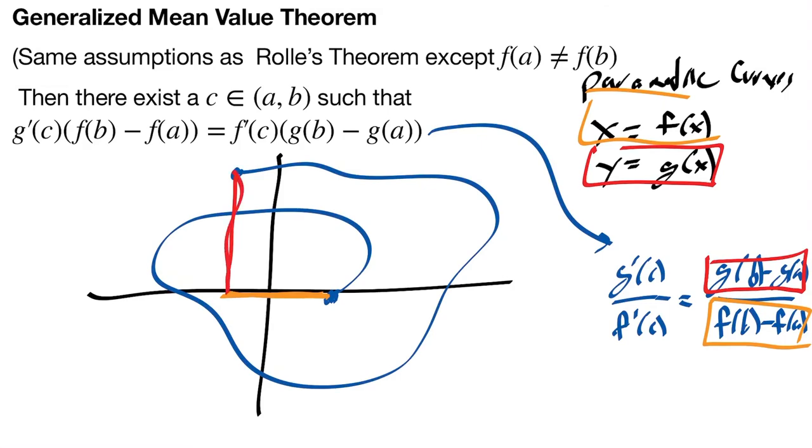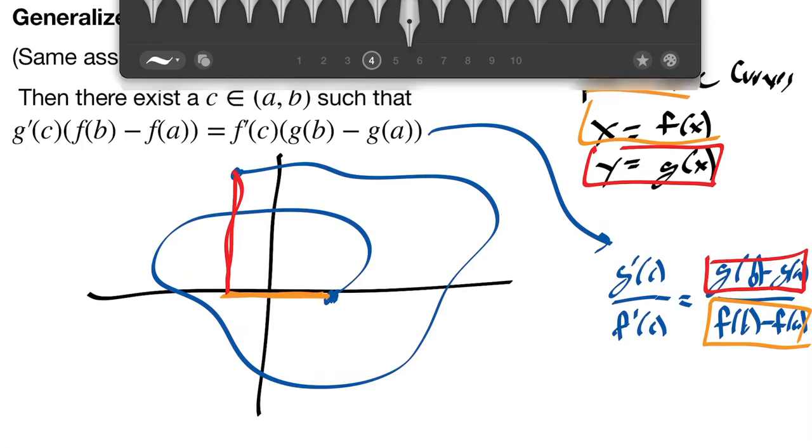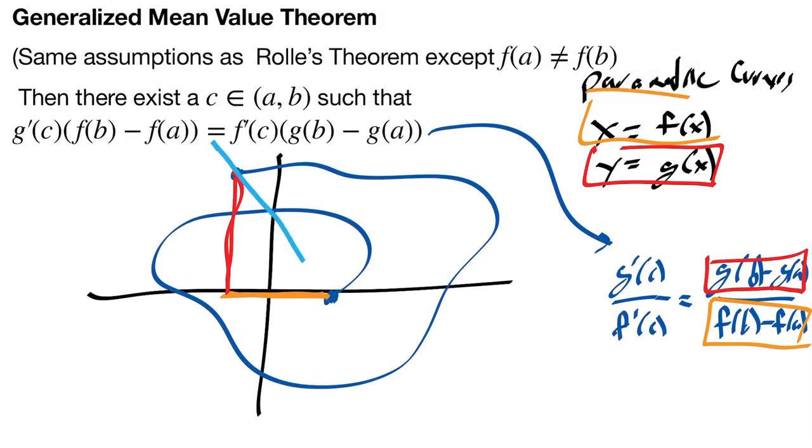That's like that distance right here. So what is this expression on the right telling me? It's really just giving me the slope through the starting and ending point of this parametric curve. Well, then what is g prime of c over f prime of c telling me?